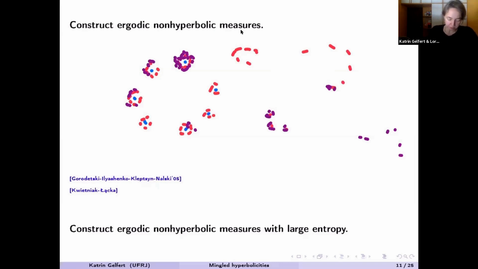Okay, well, this technique has been used by several people. Unfortunately, when you follow such a strategy, as it was shown by Dominik Kwietniak and Marta Ławska, you do not get positive entropy. So if you just do a construction by periodic orbits and do this approximation, you cannot get positive entropy. And we would like to have measures with large entropy, positive and as large as possible.